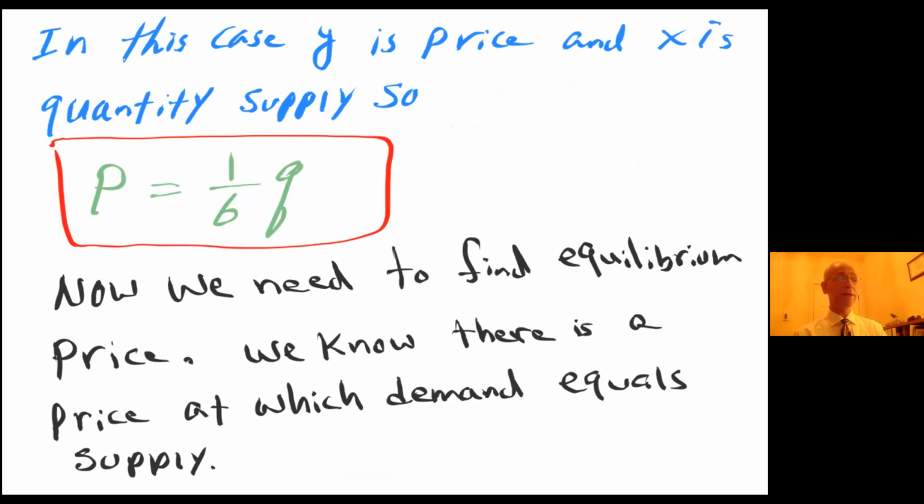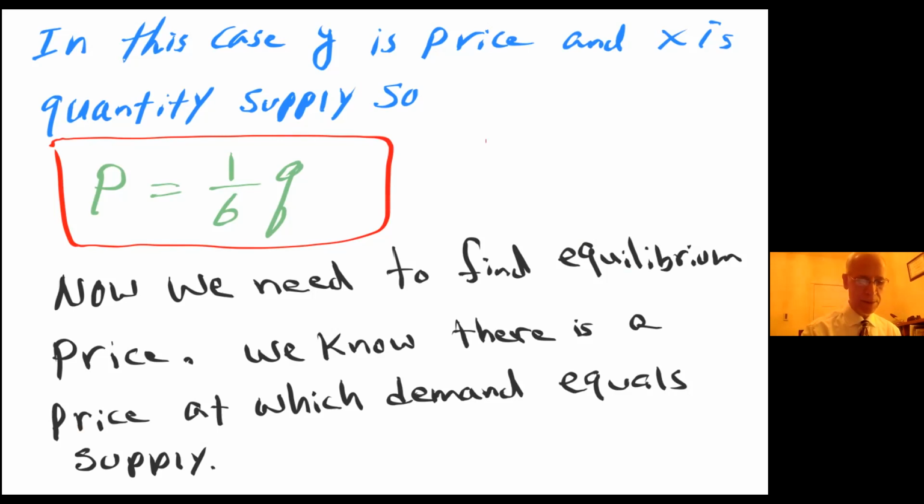Now we need to find the equilibrium price. We know that there's a price at which demand equals supply.